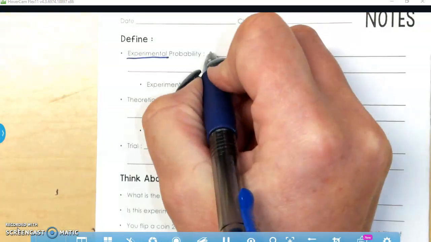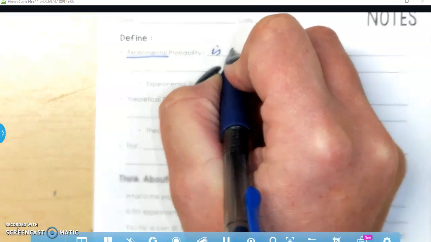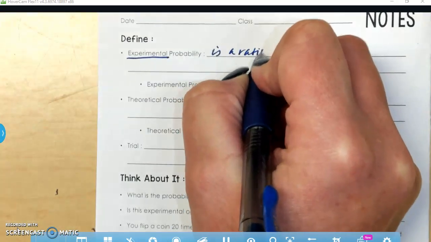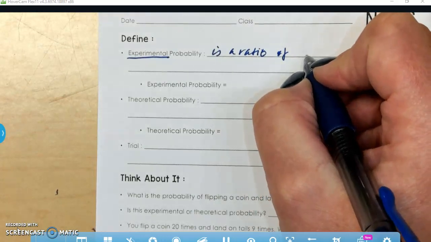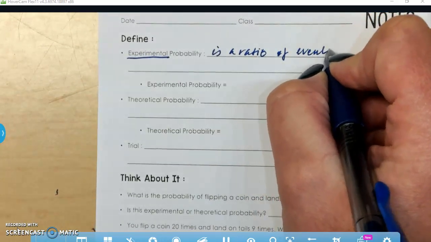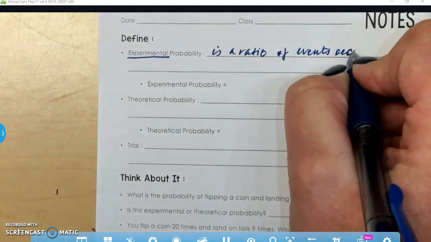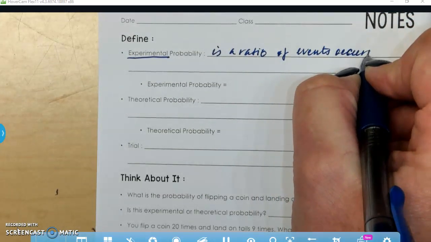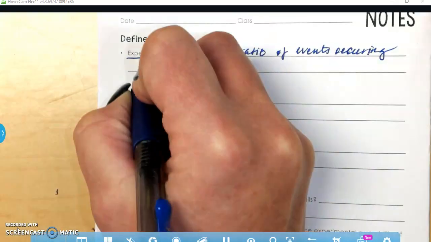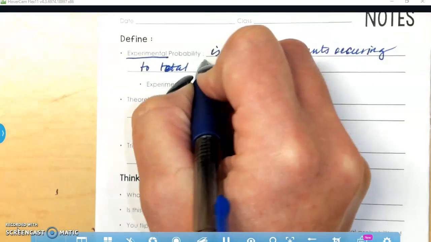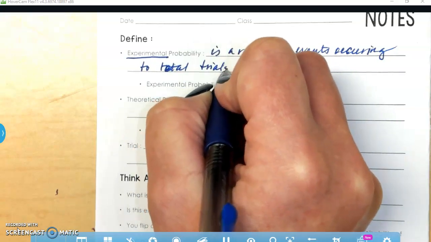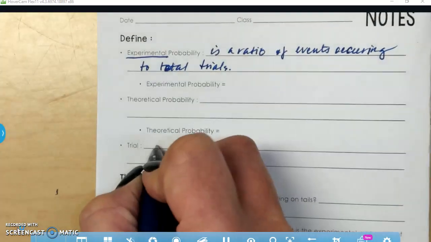So it's still going to be a ratio of events occurring compared to the total trials. The trial, guys, is the actual experiment.